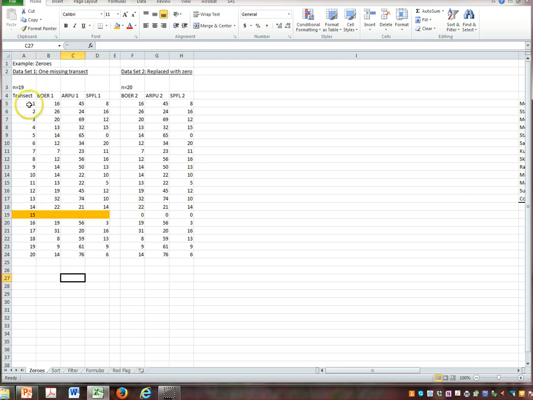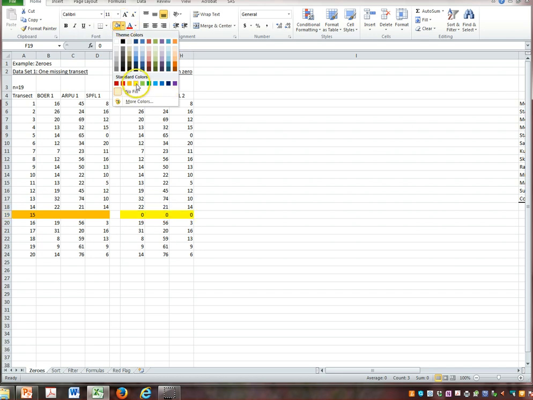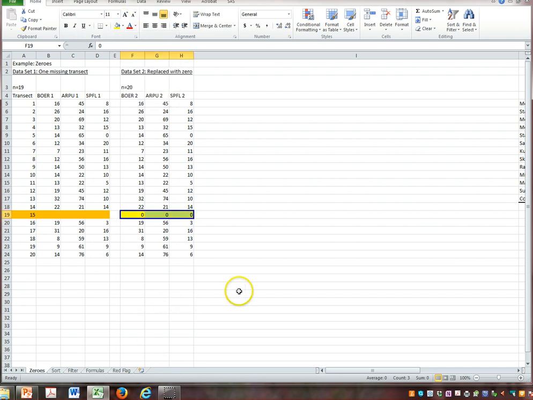And so in reality, we only have data from 19 transects that we can use. Now, there is a temptation to simply fill that row with zeros. And we want to look at why that is not a good idea.